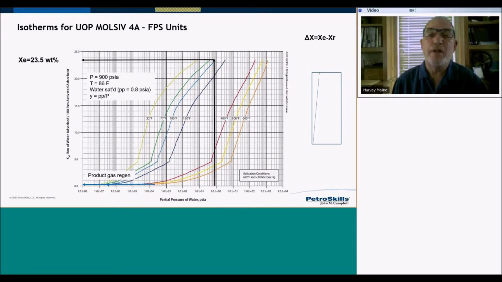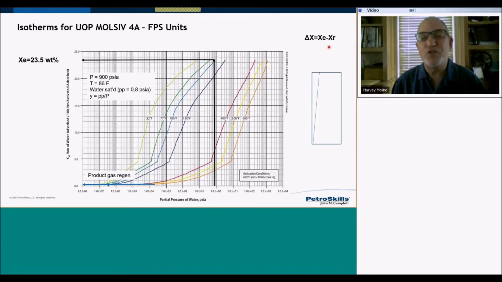So your net equilibrium loading that you can actually use in order to determine what the equilibrium section will look like is equal to the loading that you get from the isotherm minus this residual loading.